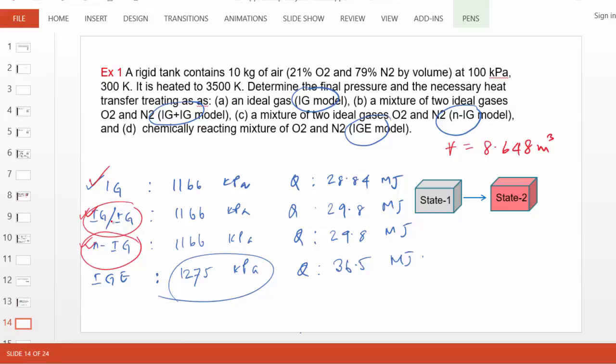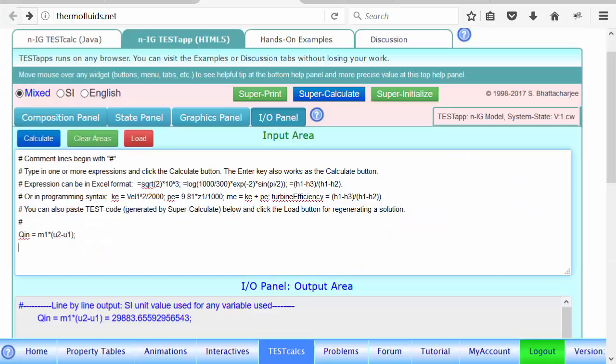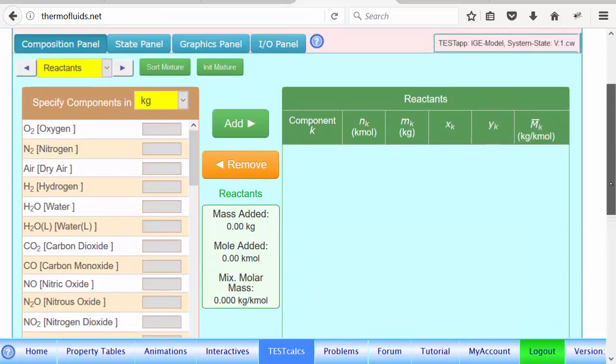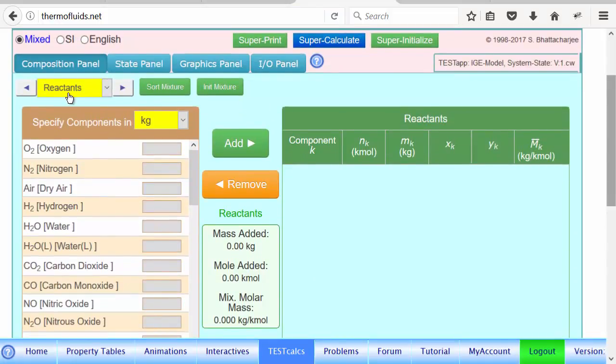Okay, finally, let's try to solve it using the most complex of all models, which is the IGE model. It looks very similar to the NIG model, but IGE means ideal gas equilibrium model. In other words, in this case, instead of calling it a mixture, we call it a reactant.